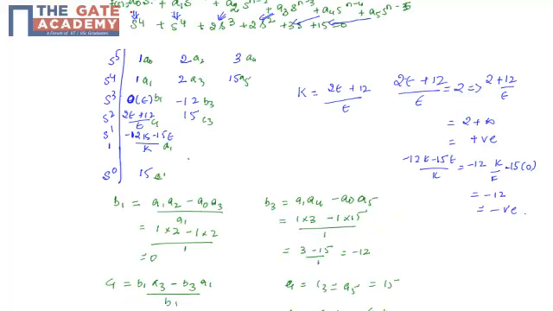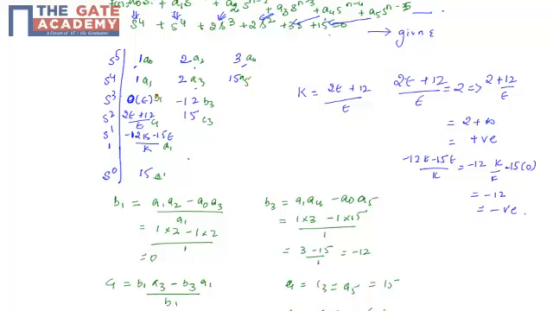So this is the general equation and this is the given equation. When you match with that, A0 value is 1 and A2 value is 2 and A1 value is 1 and A3 value is 2 and A4 value is 3 and A5 is 15.